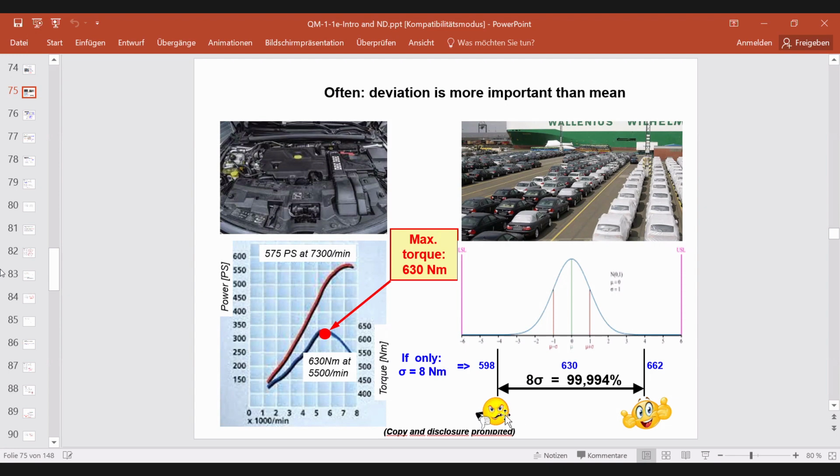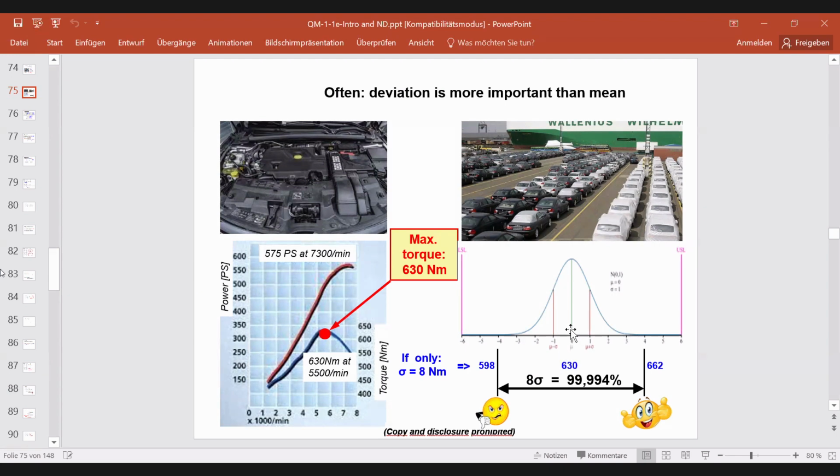But if you take this 4 times to the left side of the mu value and 4 times to the right side, then you have 8 sigma, and this means 99.994% of all the cars have a torque between 662 and 598. So not all the cars have 630.